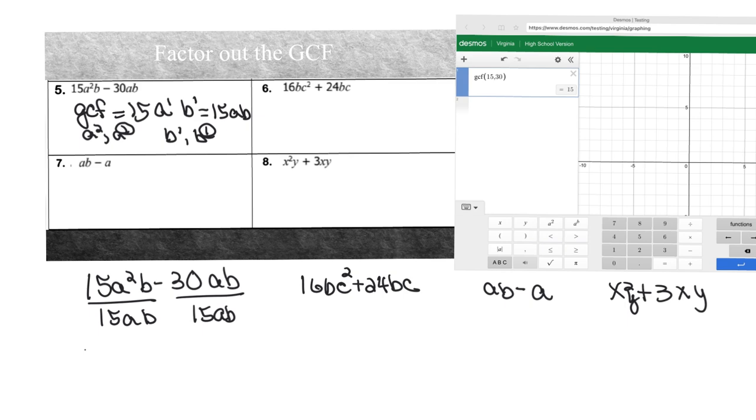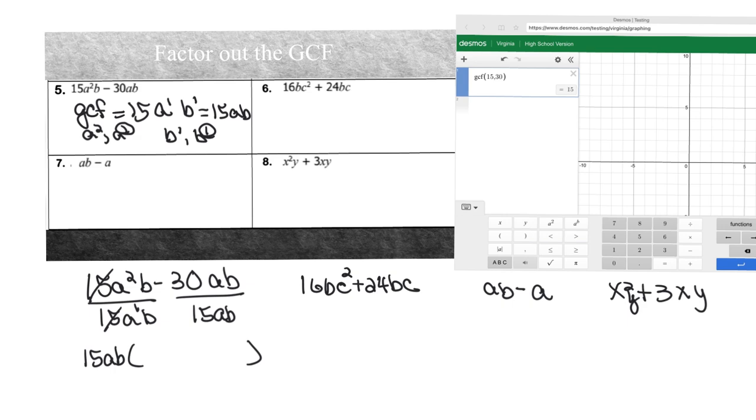My 15ab, which is my GCF, is going to go outside the parentheses, and I'm going to divide. 15 divided by 15 is 1. I have a squared on top and a to the first on the bottom. We know that when we divide monomials, we must subtract the exponent, and the variable goes with the largest degree.